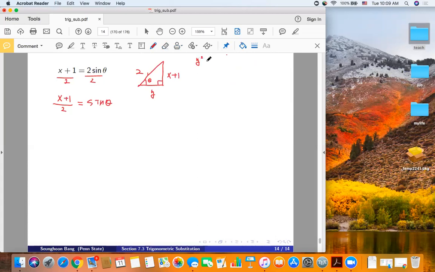You can use the Pythagorean theorem: y squared plus (x plus 1) squared equals 2 squared. Subtract (x plus 1) squared from both sides, so y squared equals 4 minus (x plus 1) squared.